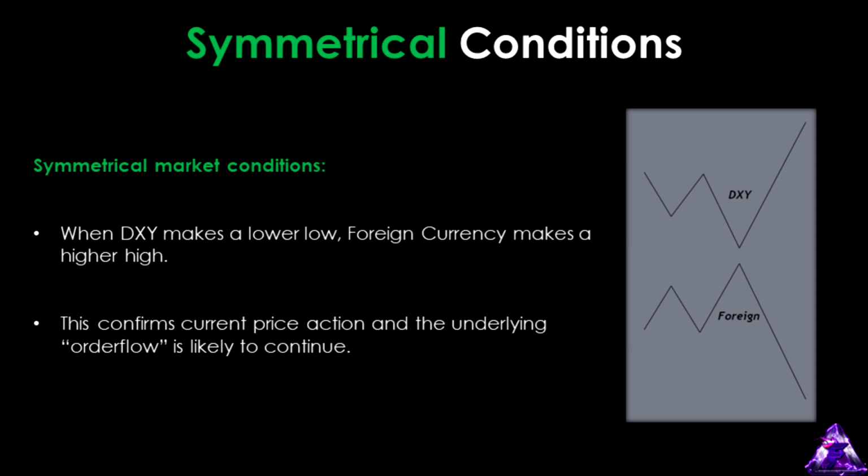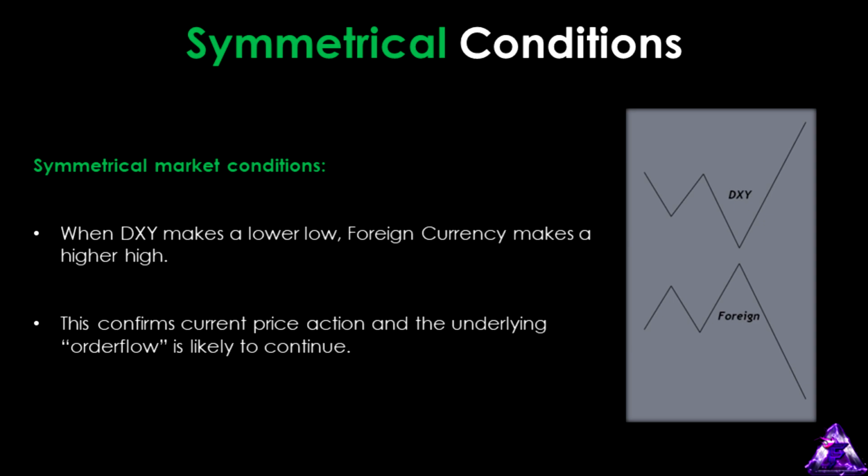At the same time, the DXY will be in a bearish structure, consistently making lower lows and lower highs, moving in perfect inverted symmetry with the euro versus the US dollar. As long as this continues, both assets are in a symmetrical condition, meaning that the underlying order flow or structure for both the euro versus the US dollar and the DXY will continue with no signs of reversal.